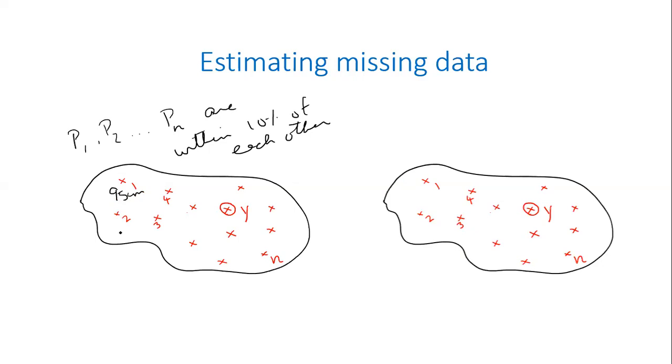Rainfall at location 2 is 93. Rainfall at location 4 is 101. Rainfall at location 3 is 98, 92, 103, 104, 99, something like that. So everything is hovering around the same value. All of them are within 10% of each other.